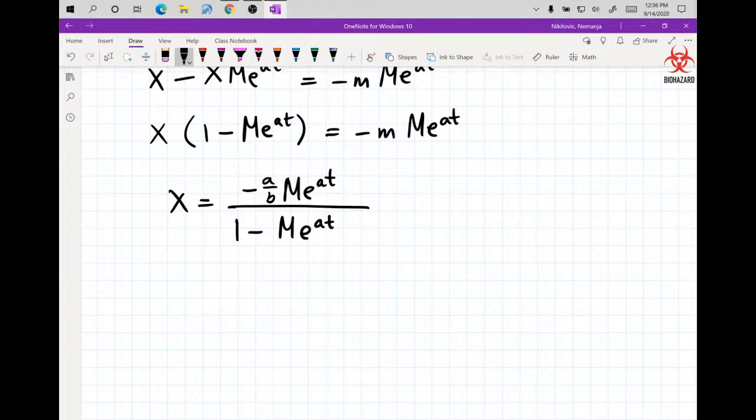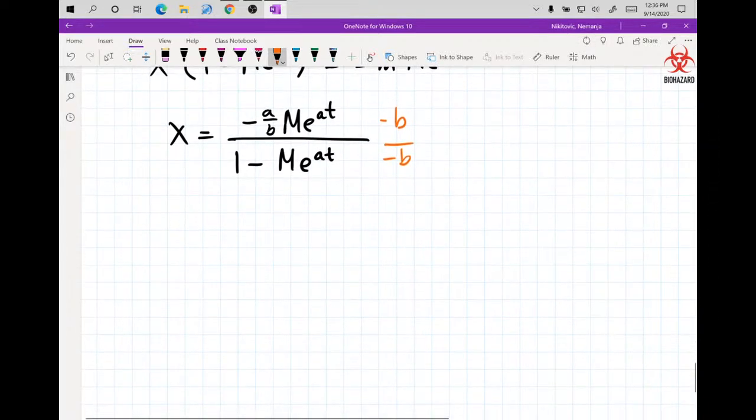So how about we first multiply, oh, by the way, there's no more c. So now when you multiply by numbers, they have to stay. Now I'm going to multiply top and bottom by negative b first, which would kill the fraction from the numerator and the negative. So now you just have a meat.